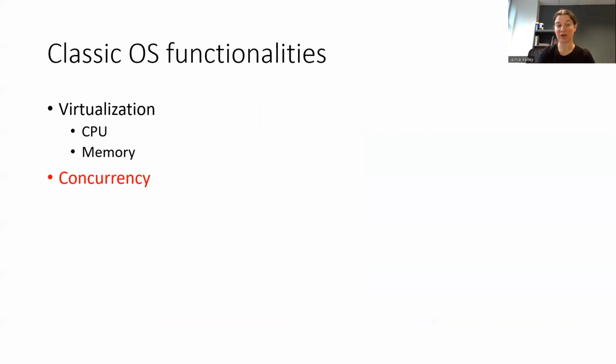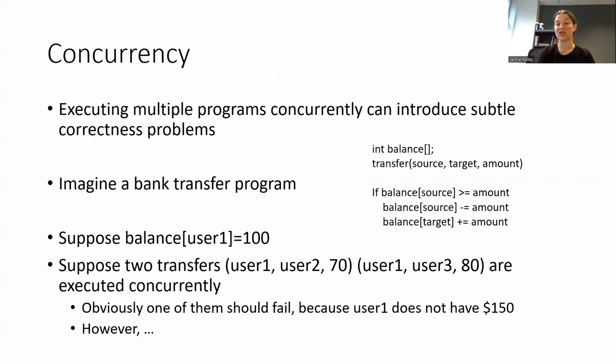Now let's talk about concurrency. Concurrency, when defined, is the act of interleaving accesses to resources. For instance, when we're talking about CPU, we would say that multiple programs may be able to concurrently make progress by accessing the CPU, but it's not the case that those instructions are all happening at the same time.